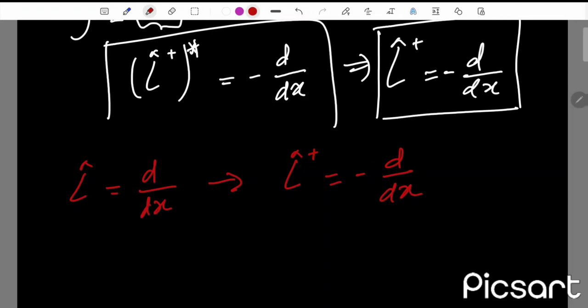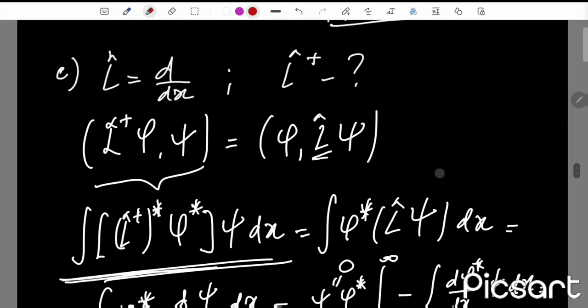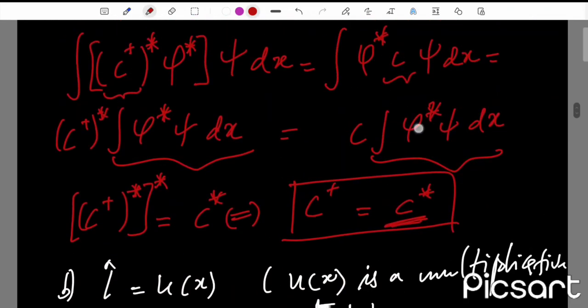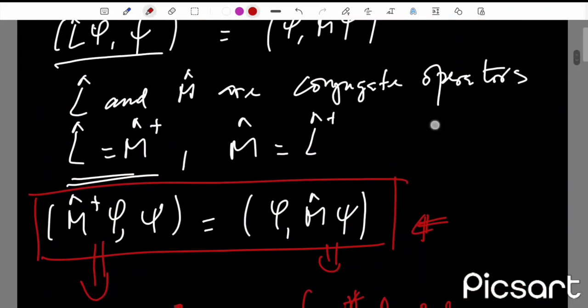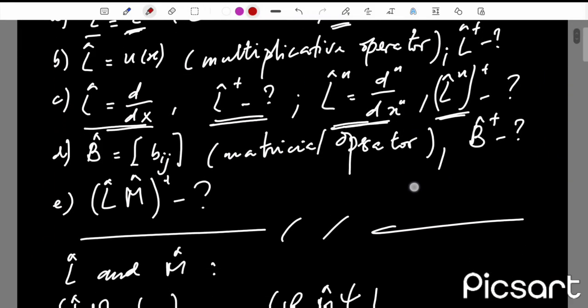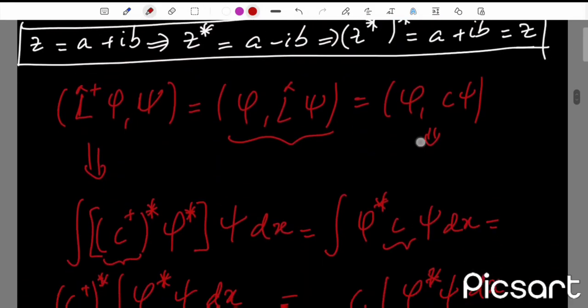Okay, now we go on trying to solve the next exercise, which is a matricial operator.